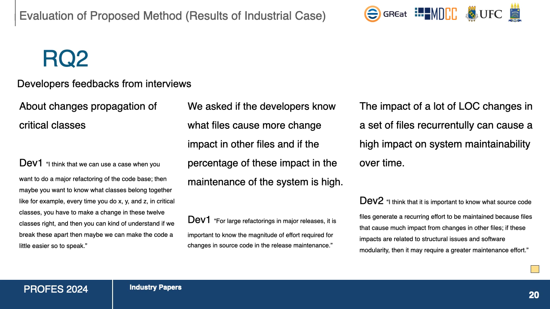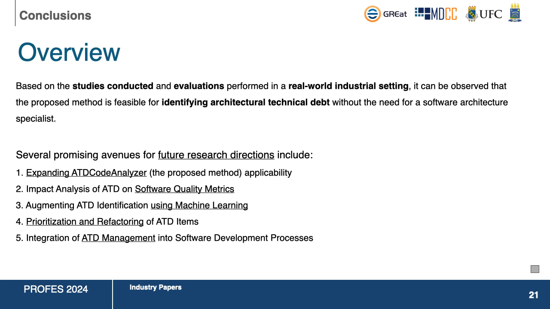We showed the number of lines of code changed in the set of files, and the developers agreed with this number, showing that it is important to refactor or maintain these files, because these files can require more effort to be maintainable over time.